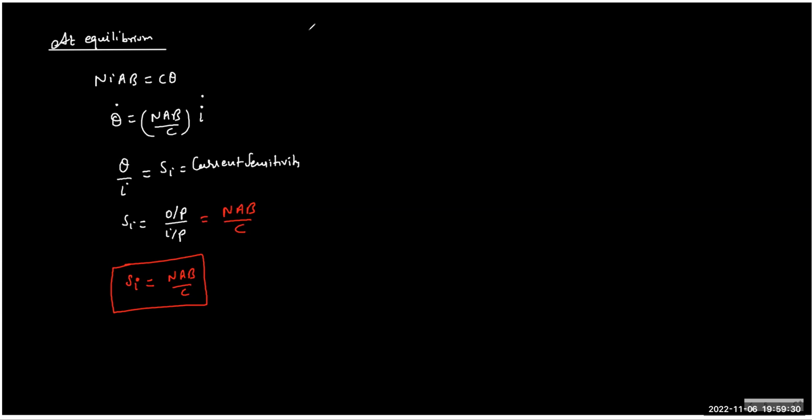So we need sensitivity up to a certain value. Maybe we are interested in measuring microampere current, but measuring nanoampere or picoampere is not required, because that current is of no practical use. So we decide what kind of sensitivity we are happy with. It is all about the practical usage.